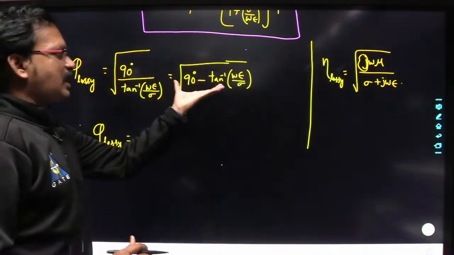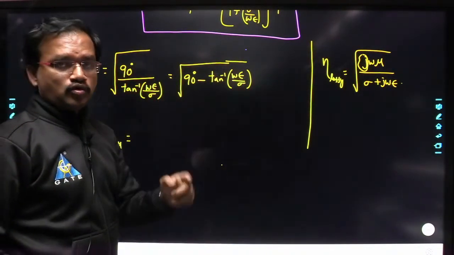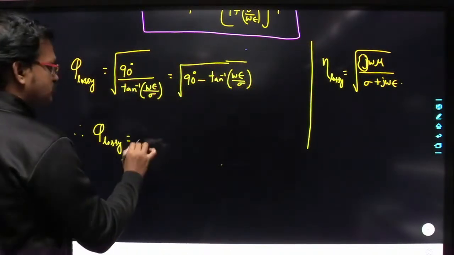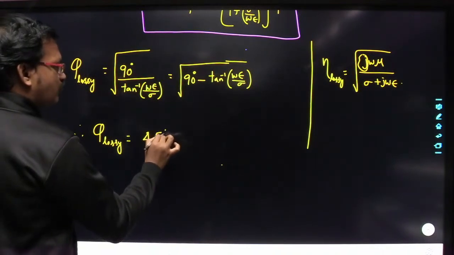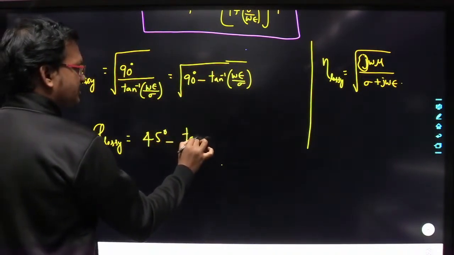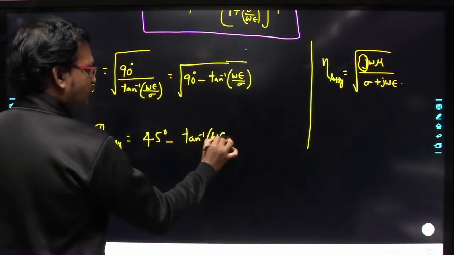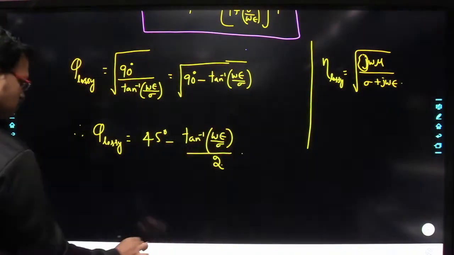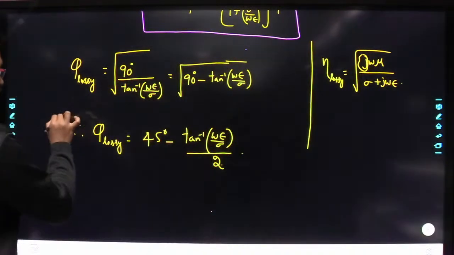If you take the angle out of the root, you have to divide it by 2. So divide this whole angle by 2. Then you get 45 degrees minus tan inverse of omega epsilon by sigma, divided by 2. So this is the expression for phi lossy.